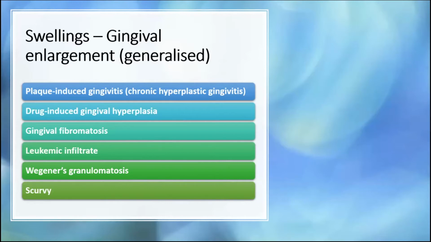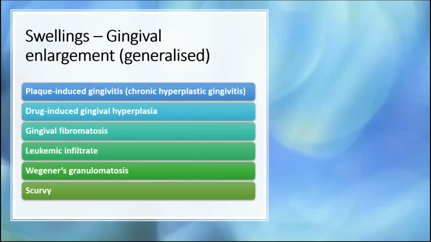So if you have a gingivitis that doesn't look quite right to you, you tried everything, you've done your debridement, the patient has followed oral hygiene instructions and is maintaining a good level of oral health, but is not responding to treatment, basically, do a full blood count of the patient. It's just a full blood count just to exclude a possible leukemia.